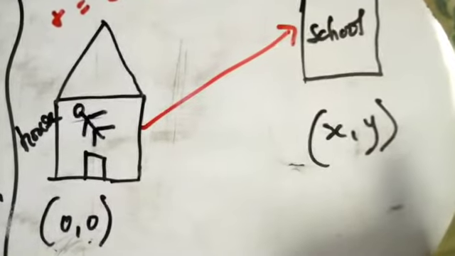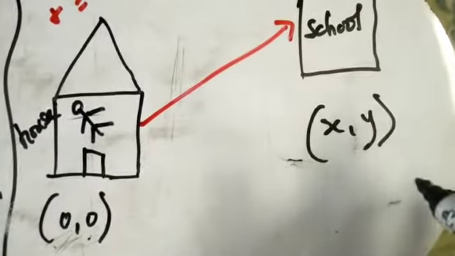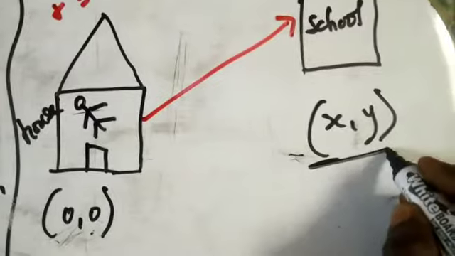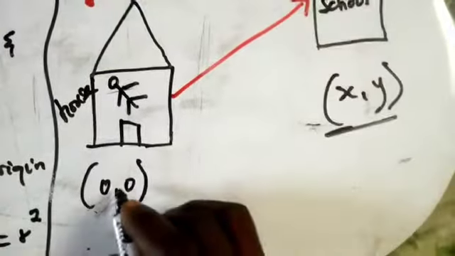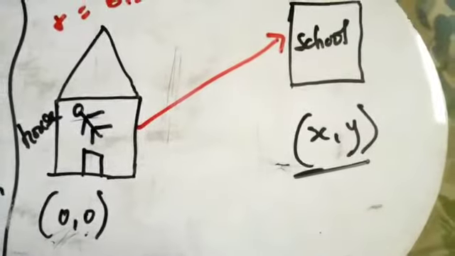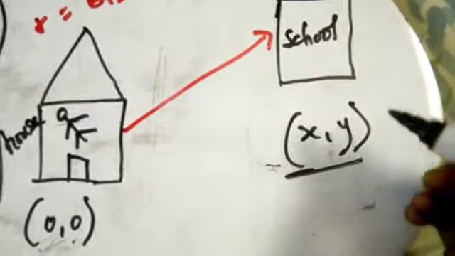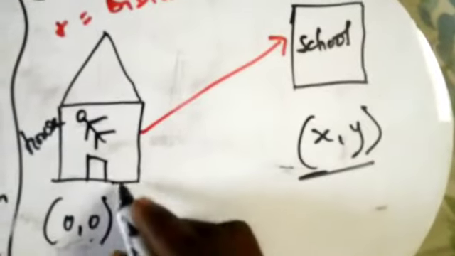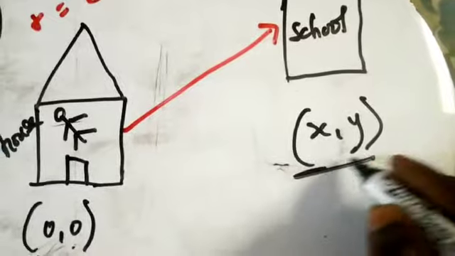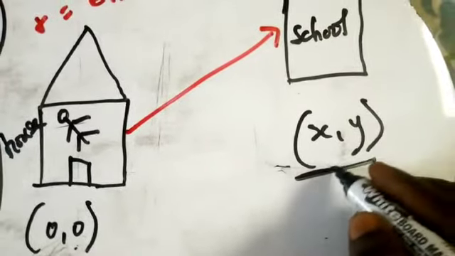So assuming you are walking by two legs, we need these 2 things to determine your location. This is your house, and for us to know where you are, it may be anywhere. So let's limit ourselves to your school. Assuming you move from your house to your school, for us to know your location, we need these 2 things. The 2 things are the x and y.